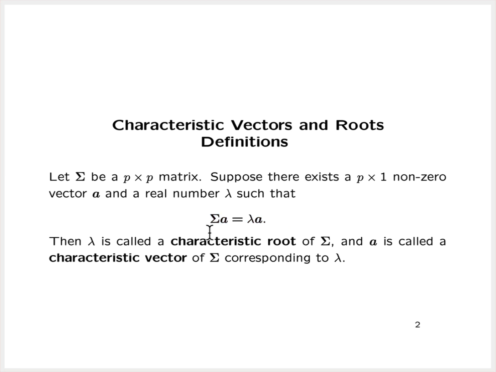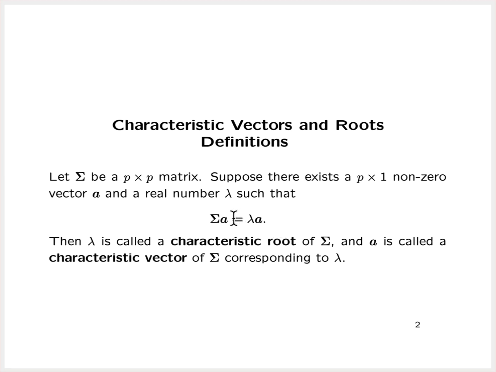On the left-hand side, we have the product of a p by p matrix and a p by 1 vector, and the result of that product is a p by 1 vector. On the right-hand side, we have the product of a scalar and a p by 1 vector, and the result of that calculation is, again, a p by 1 vector.